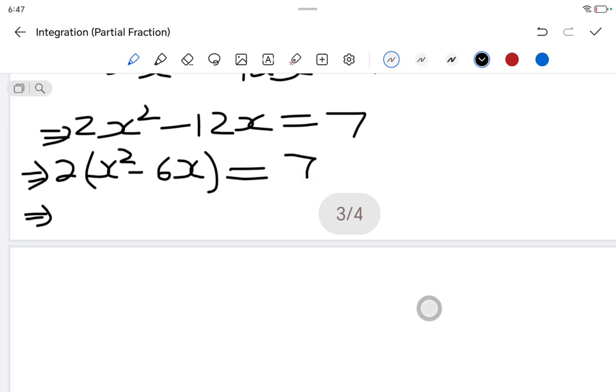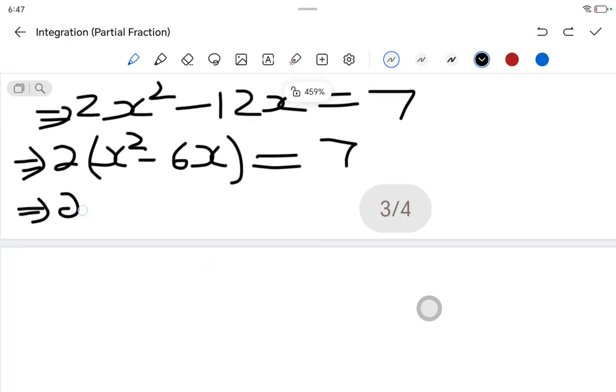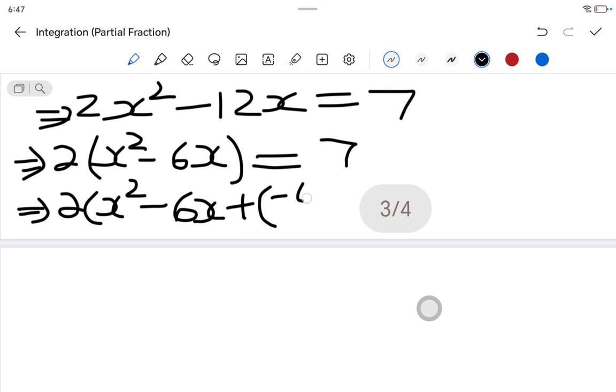We have minus 6. If we check this minus 6, this is our b in this case, inside here. So if I add it here, let's say I decide to take minus 6 here. If I factored out the 2 there, I'm going to get minus 6x. Then I add what here? Minus 6 over 2 squared. You say, right? Do you agree with me here?